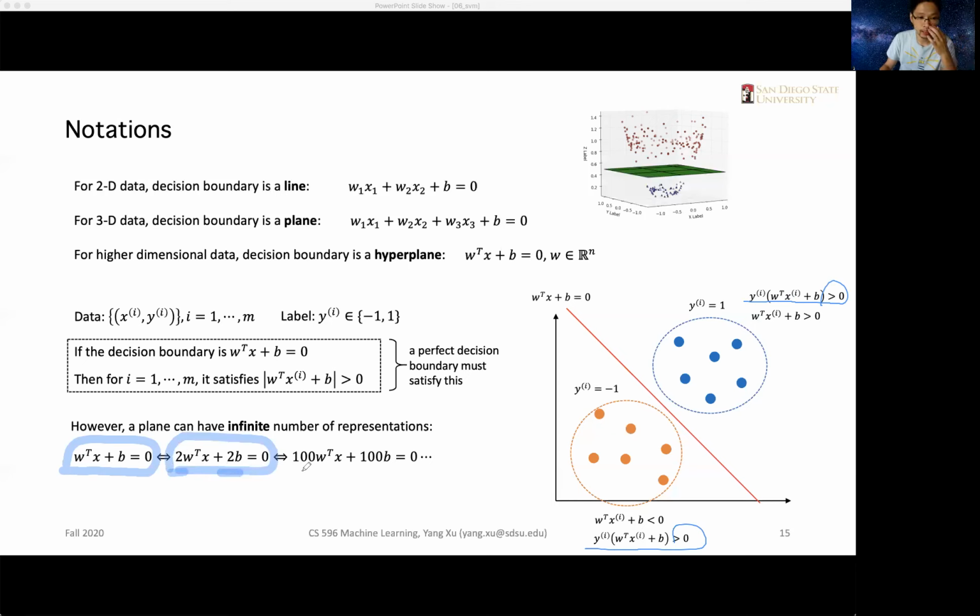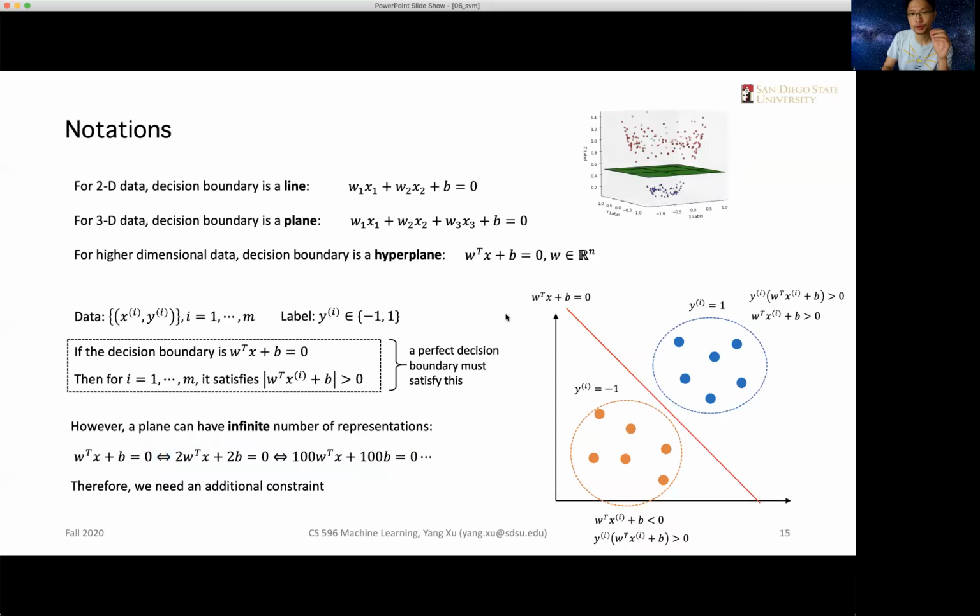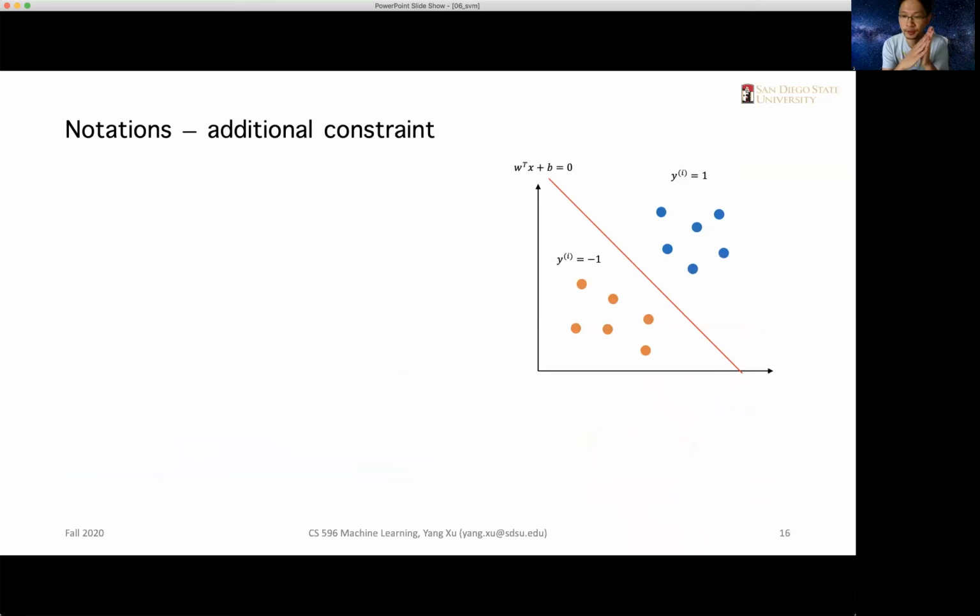We can multiply by 100, 50, 200, 2000, right? Any numbers you can think of, that means the representation is not fixed. Okay, that brings some trouble because we need a fixed representation of the plane. So in order to have the representation for the plane fixed, we need to introduce additional constraints.